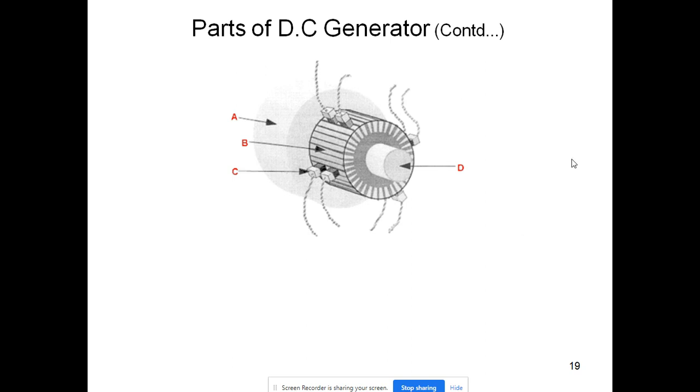Here we can see the commutator. This one is the commutator, and this is the shaft, and these are the brushes. This black color one represents the high grade carbon brushes, and these are the brush holders. These brushes collect the current from the commutator.